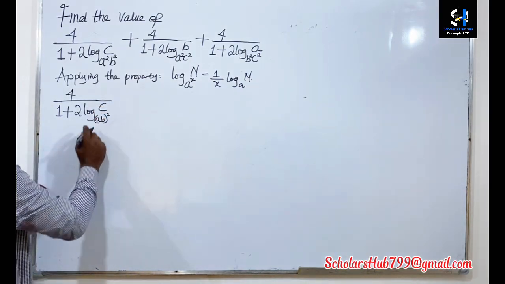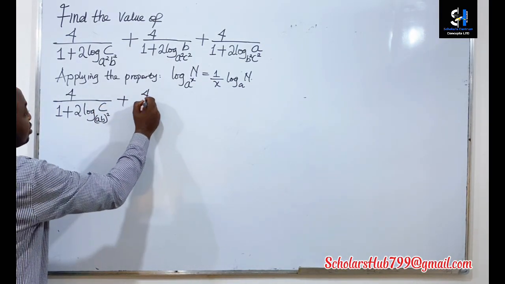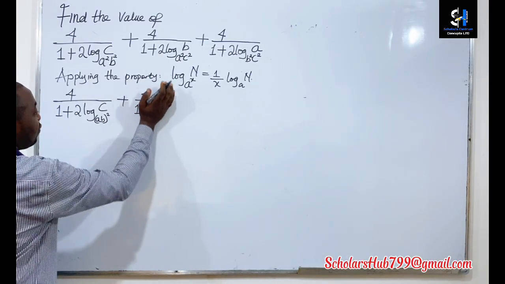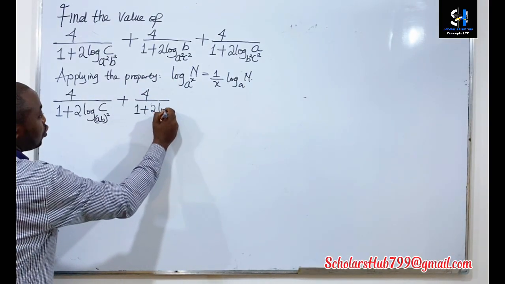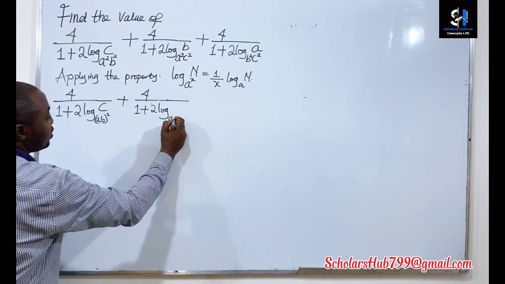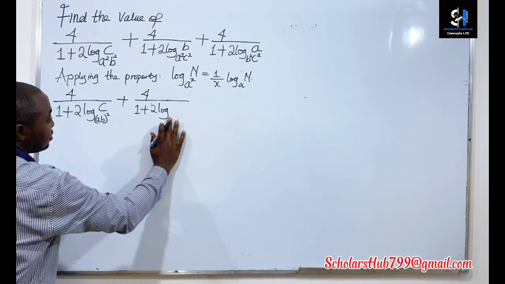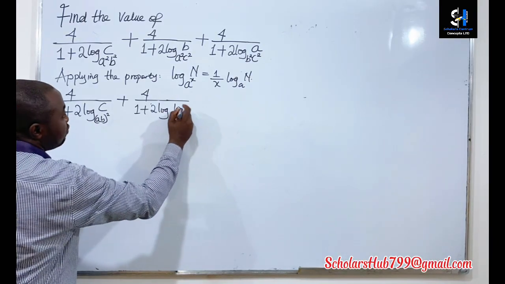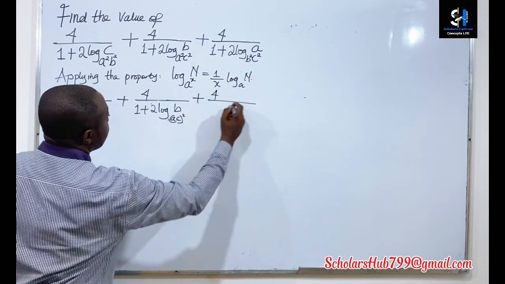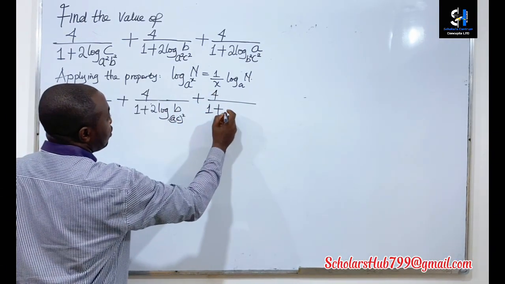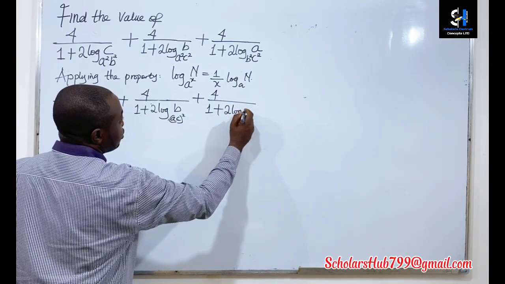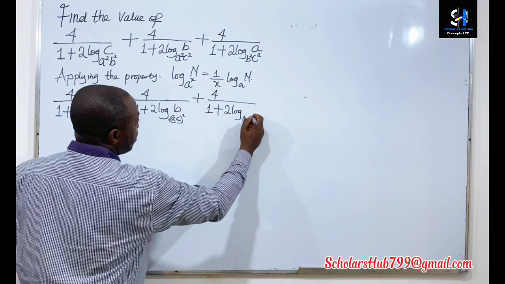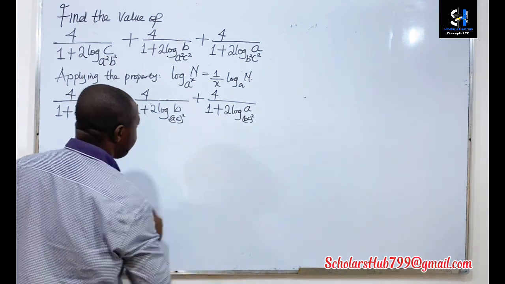Then plus 4 divided by 1 plus 2 logarithm to base ac exponent 2 of b, plus 4 divided by 1 plus 2 logarithm to base bc exponent 2 of a.